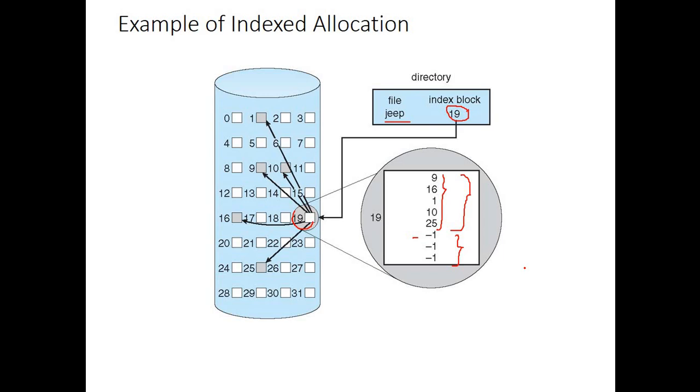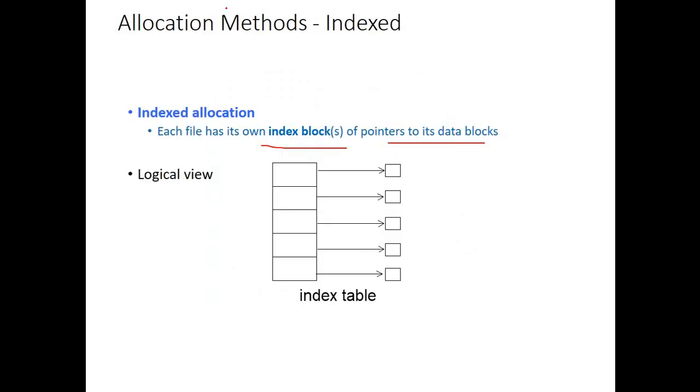This leads to internal fragmentation, because the file does not require the entire block to store the addresses of the block numbers where the file is stored. That is the disadvantage of indexed allocation. Each file has its own index block that holds the pointers to the data blocks.